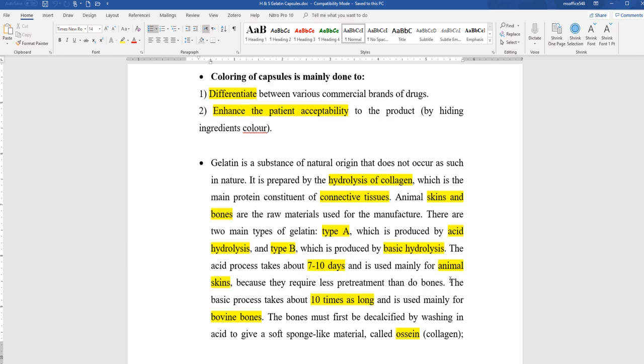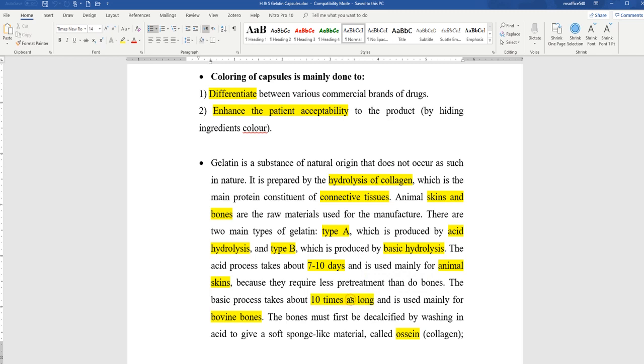On the other hand, type B gelatin takes longer time because it needs pre-treatment. Yani you need to do certain things before you can use the bones. First, of course it takes longer time, as I said, 10 times as long as the type A gelatin, which is from the skin and this is from the bones.